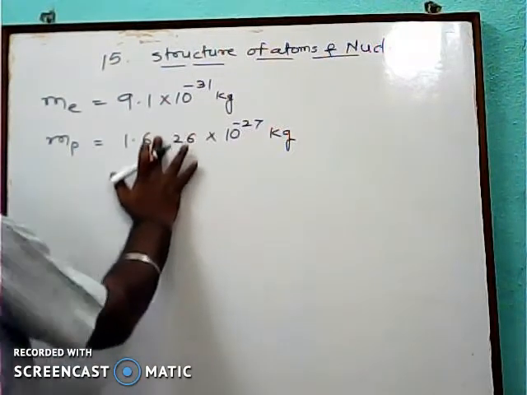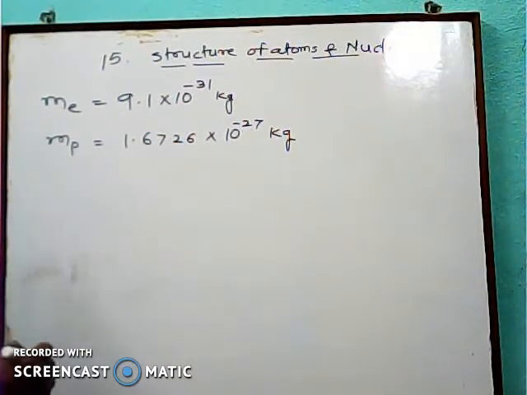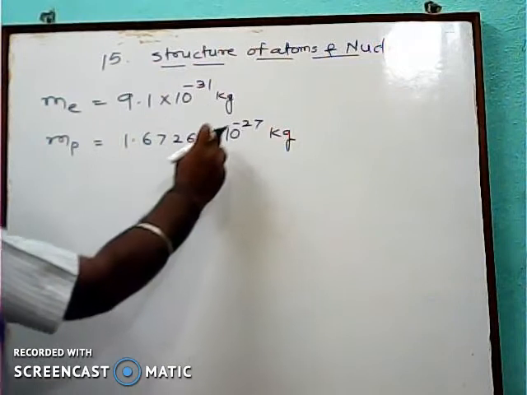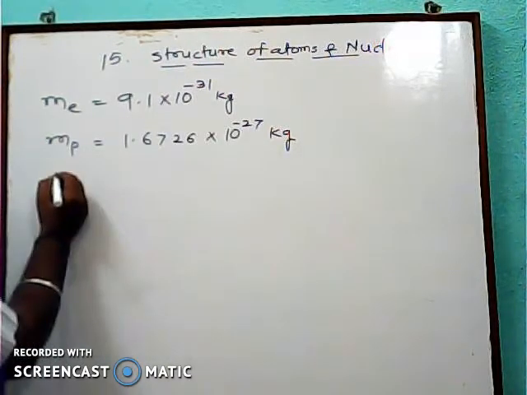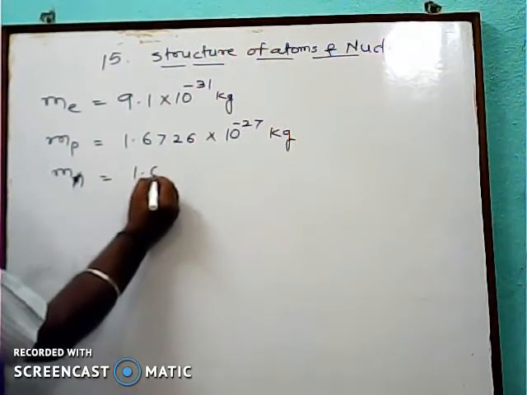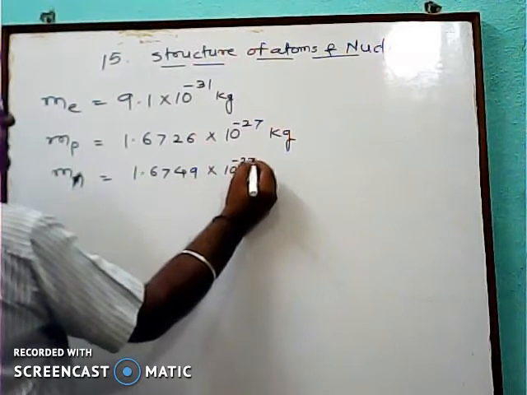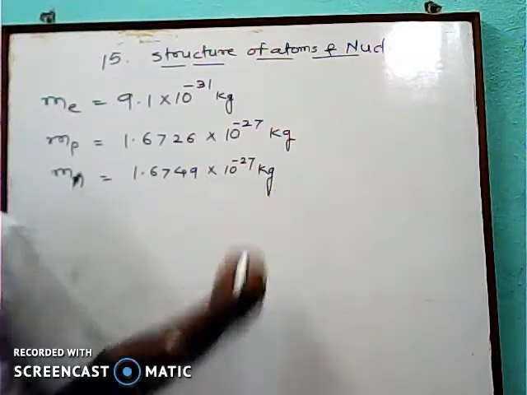Mass of neutron is 1.6749 into 10 to the power minus 27 kg.